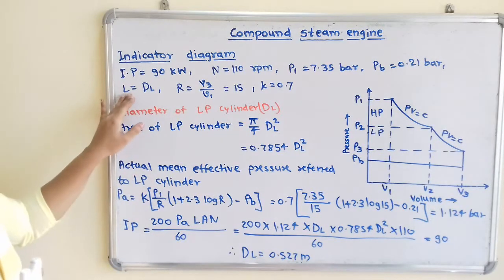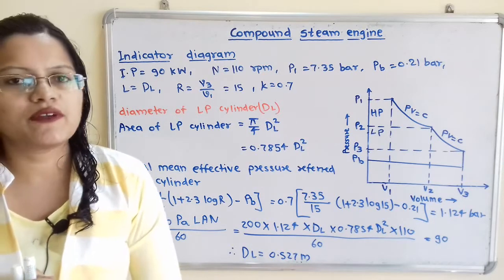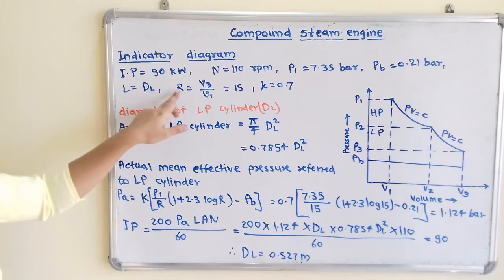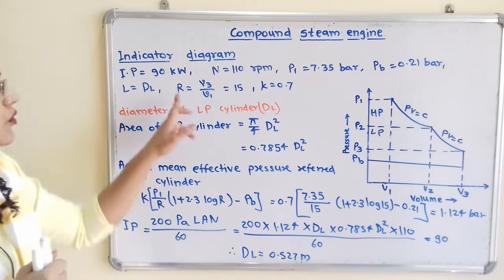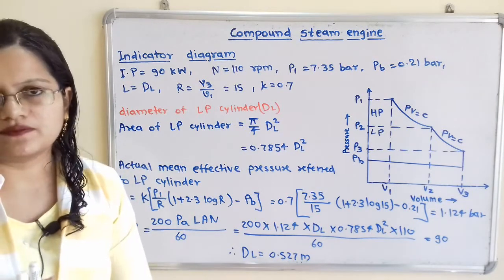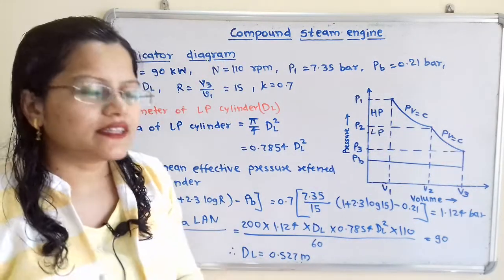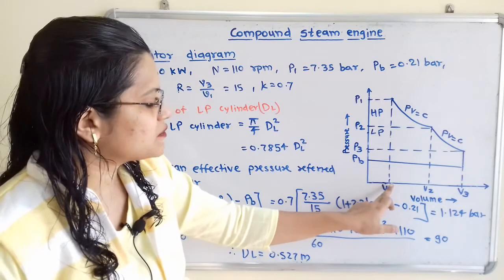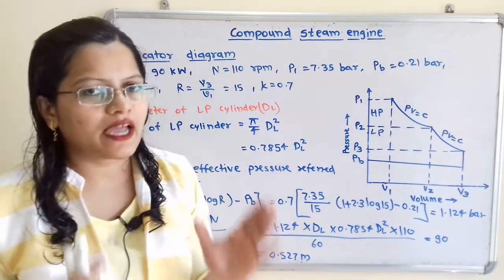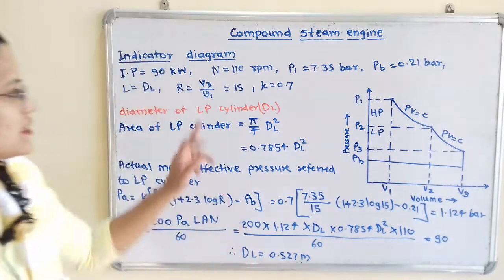Then L, that is the stroke length, that is equal to diameter of low pressure cylinder. So we will use here the notation DL. So stroke length L is equal to DL, and then the expansion ratio R is equal to. Now this total expansion ratio is given. So if we observe, when the expansion process is taking place, then the volume is getting increased from V1 to V3. So total expansion ratio, that is capital R, we will say that it is the ratio of V3 by V1, and that is equal to 15.